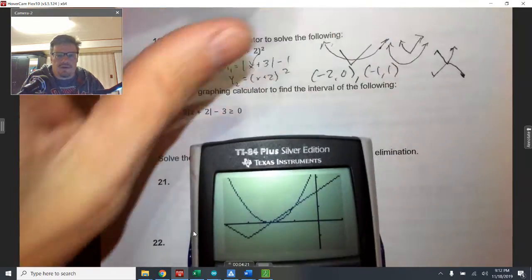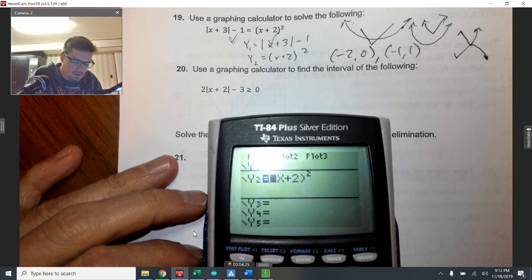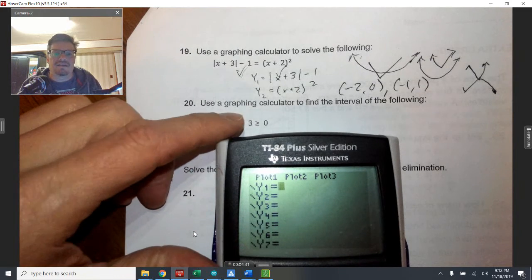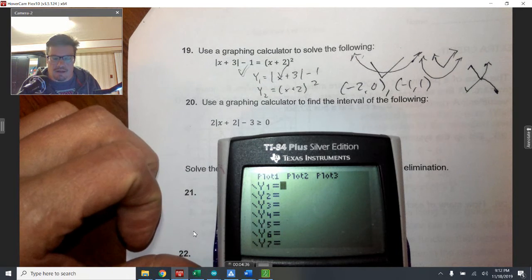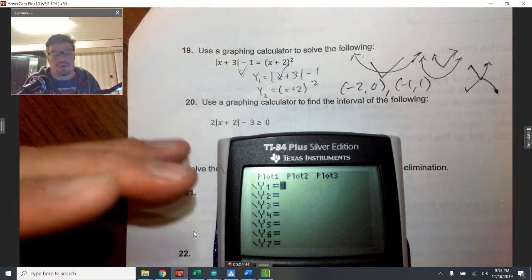All right, so now I have a new absolute value graph to put in my calculator. So I'm going to clear this out. And I want to know when this absolute value is greater than or equal to 0. Now, a lot of you put this absolute value less than or equal to 0, and that's totally wrong.